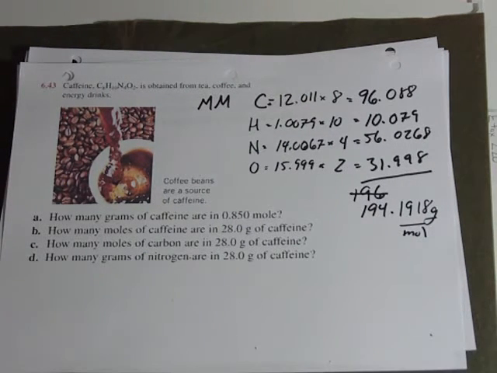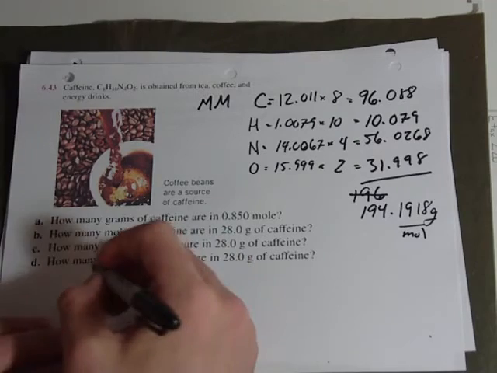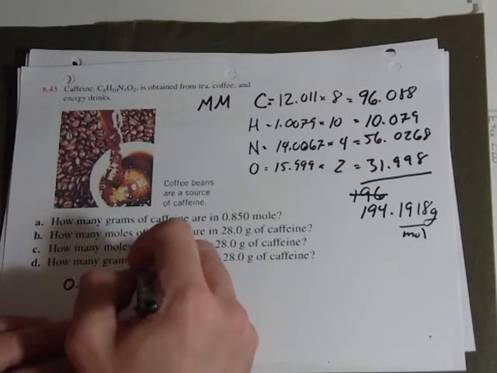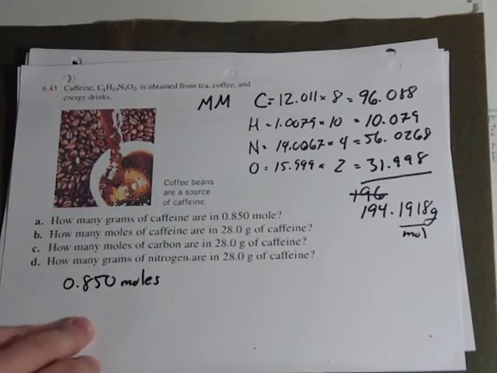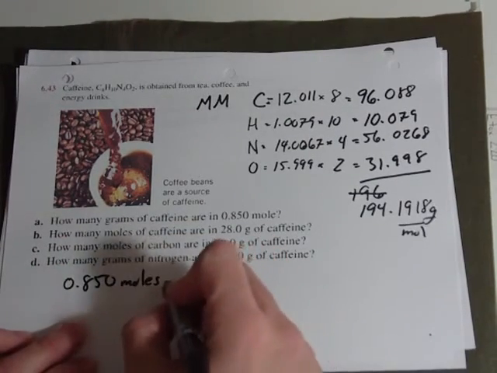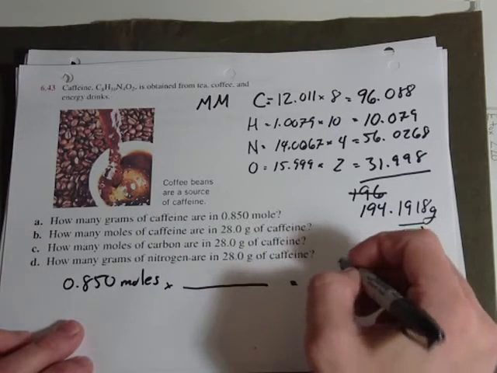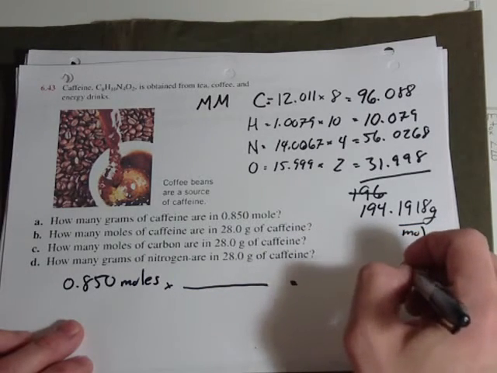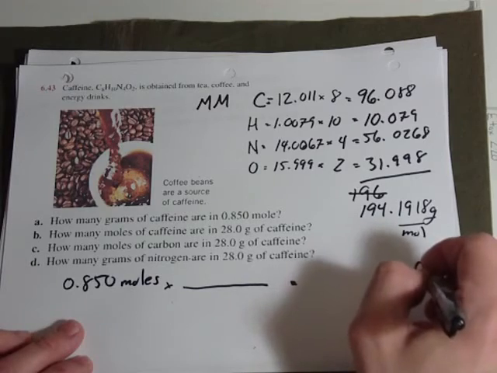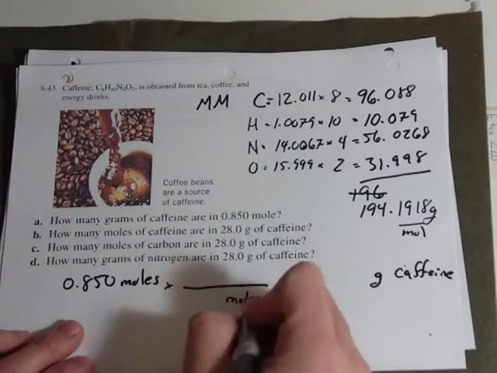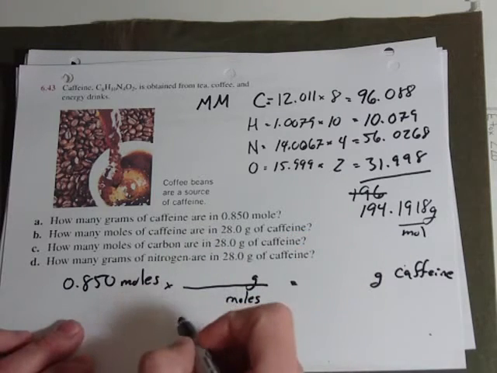All right, and so here it's asking in A how many grams of caffeine are in 0.85 moles. So we're starting with 0.850 moles of caffeine. We need to multiply by something to get the grams of caffeine. We want moles to cancel out, and we want grams to be left over.